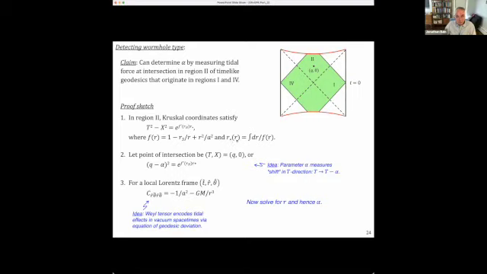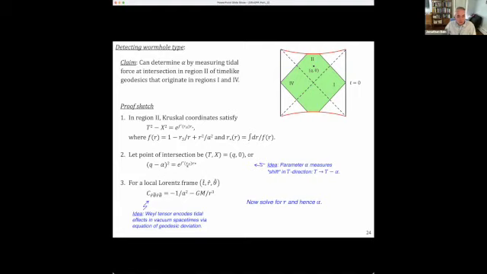It's ultimately a function of R. Now, at the point of intersection, if it's labeled by q, 0, then the Kruskal coordinates satisfy this relation, in which the parameter alpha explicitly appears, given that we understand alpha as a measure of the shift in the Kruskal T coordinate.